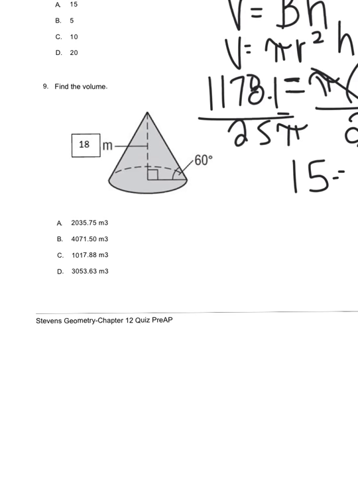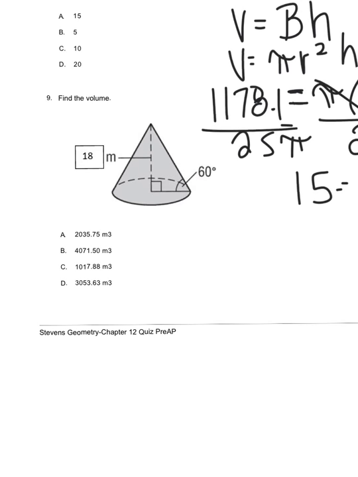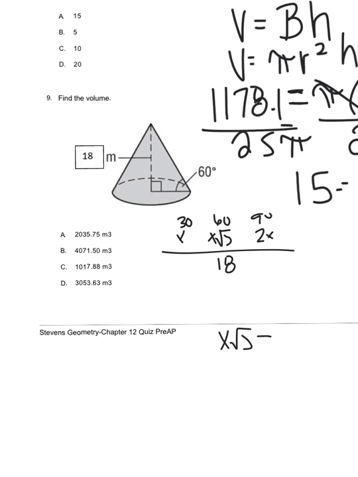I know that if I have a 30, 60, 90, I have x, x square root of 3, and 2x. Right now, across from the 60, it's 18. So if x square root of 3 equals 18, how do I get the x by itself?